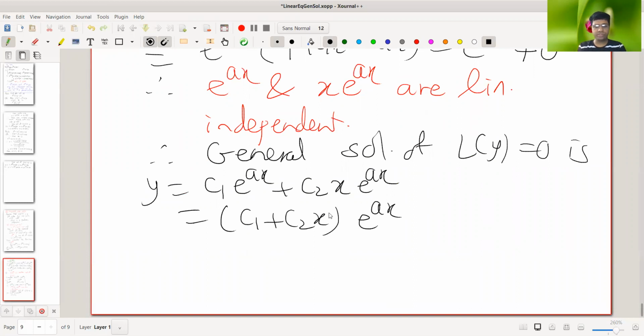Okay, this is the required solution. Then we have root a, which is repeated 2 times, and L of y is second order. Okay, now we see the generalizations.